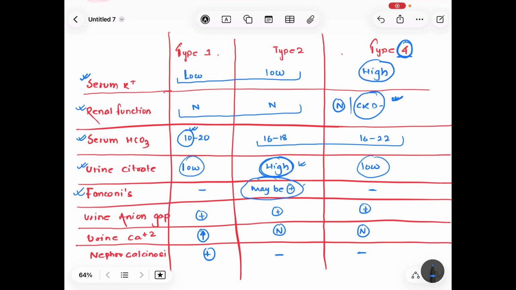We have already discussed these things. Urine anion gap is positive in all types of RTA. And urine calcium and nephrocalcinosis are associated with type 1 RTA. It is normal in type 1, type 2 and type 4 RTA. So guys, that is all we need to know in renal tubular acidosis.